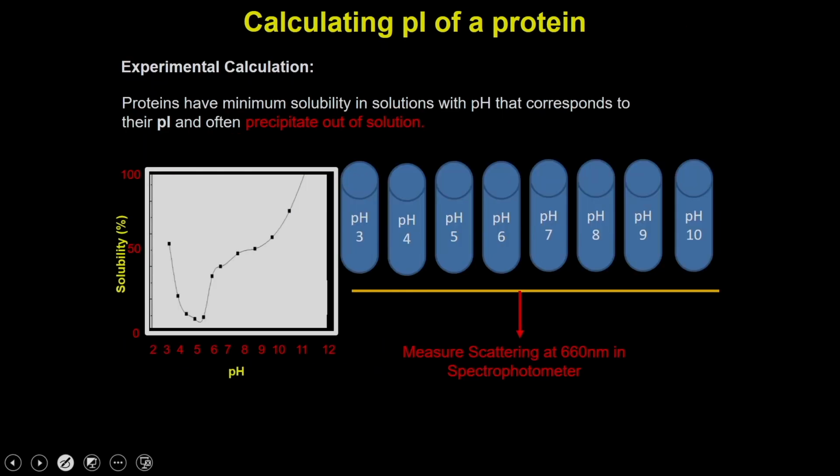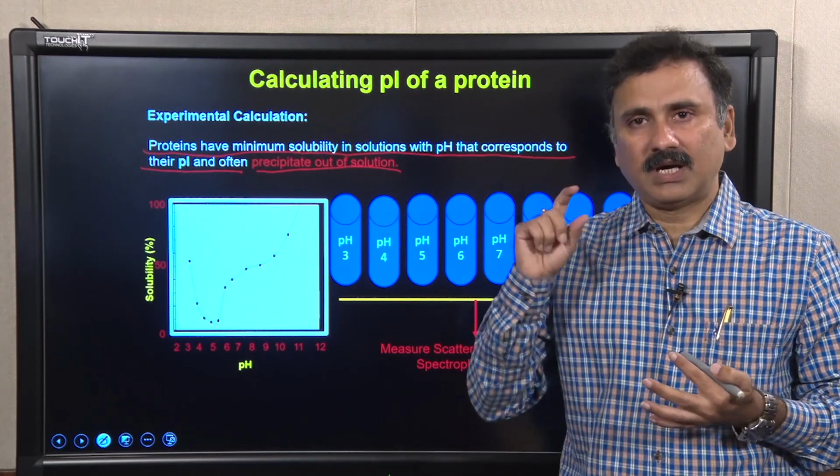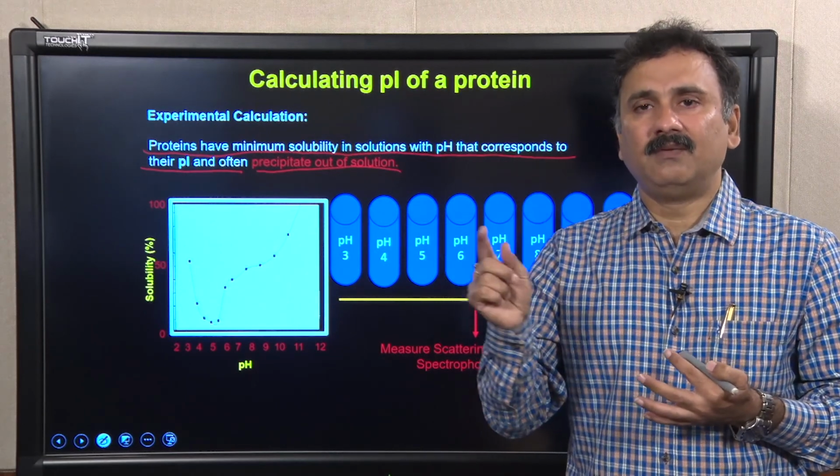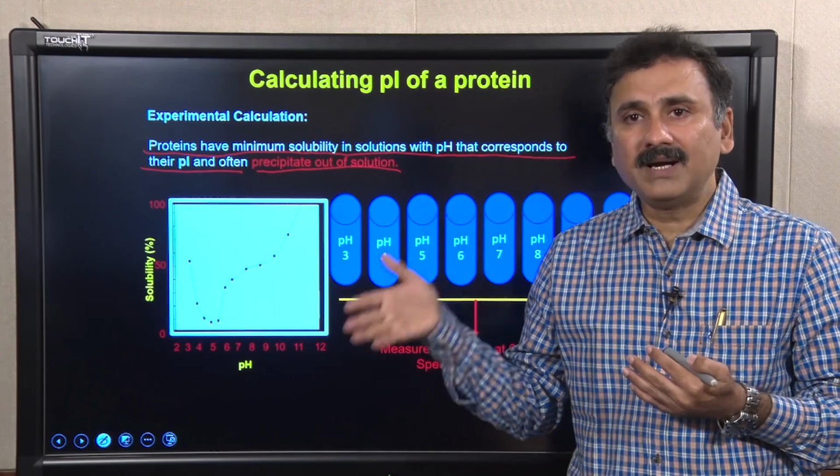For the experimental conditions, the basic principle is that the protein is going to have the minimum solubility in a solution with the pH that corresponds to its pI, and it often precipitates out of the solution. When the protein precipitates, it starts to form particles.